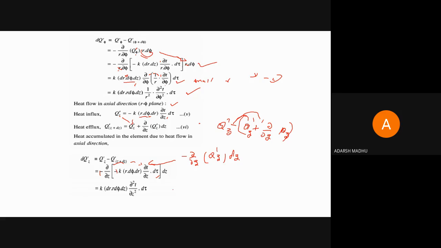So we have completed the heat equation of conduction or heat transfer along the three axes. We had already found the equation for the three, and 1 plus 2 plus 3 together constitute the A term.